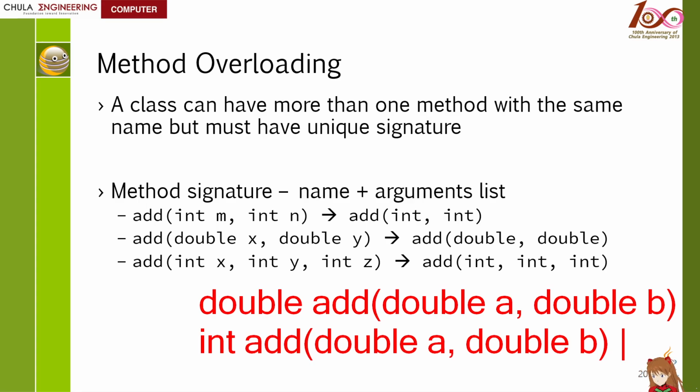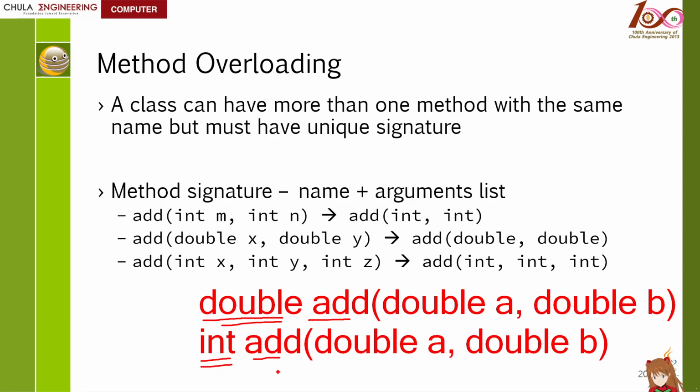Then the system won't be able to distinguish between the 2. Even though we can see that the 2 methods are different because they return different types of value, the system will regard them as the same and cannot distinguish between them.